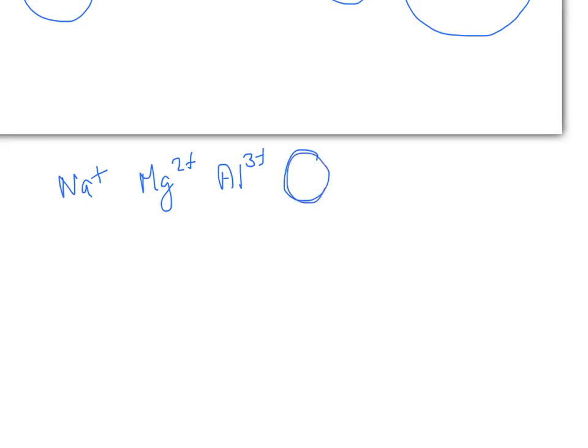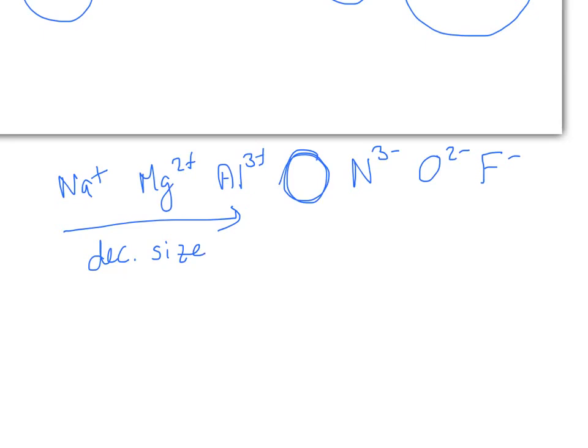Let's skip the fourth group here, or group 14. Then you have N3-, O2-, and F-. As you go this way, you're losing more and more electrons, so your size decreases.